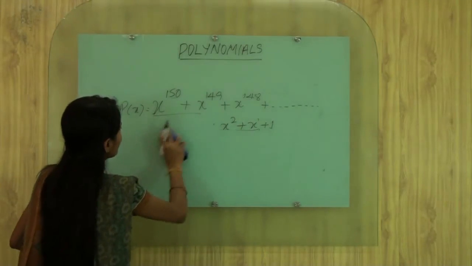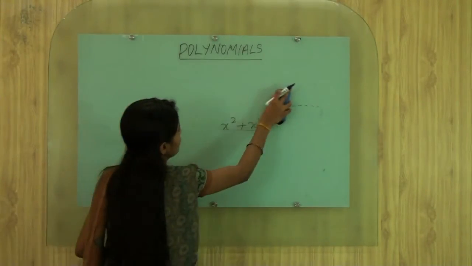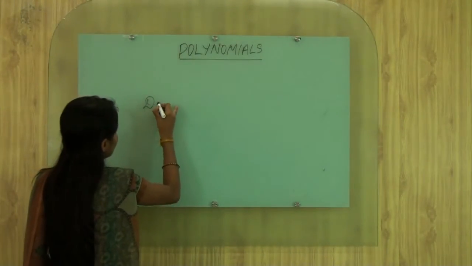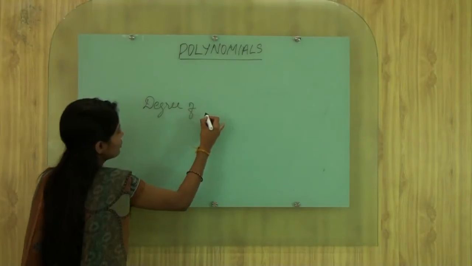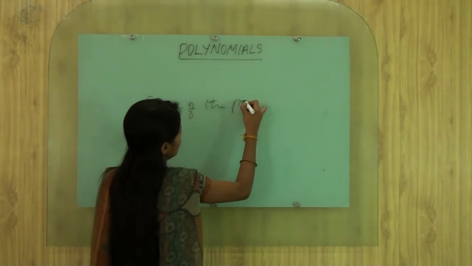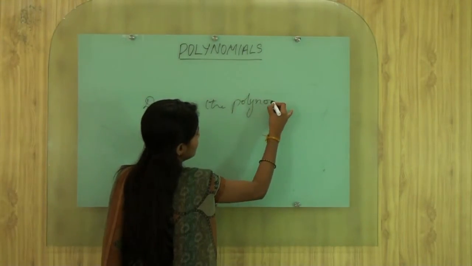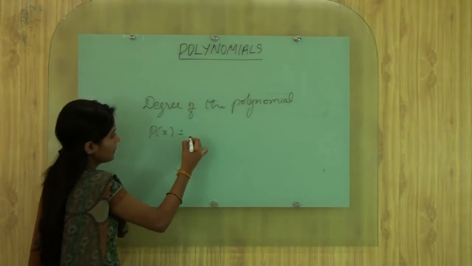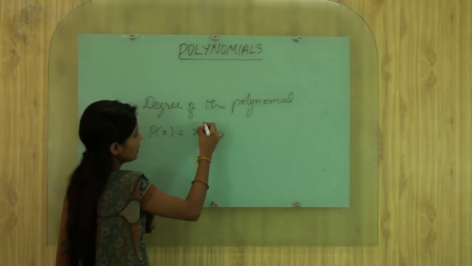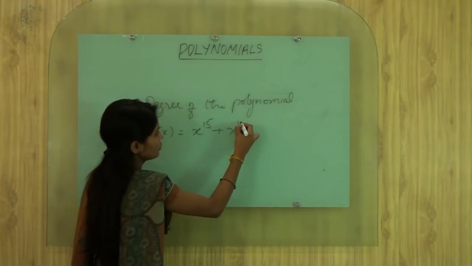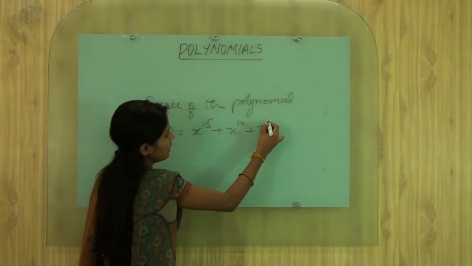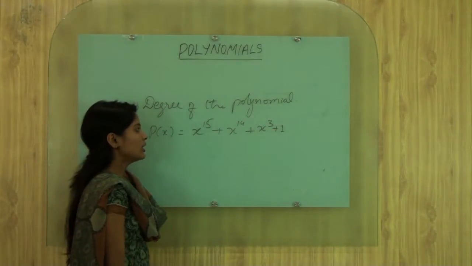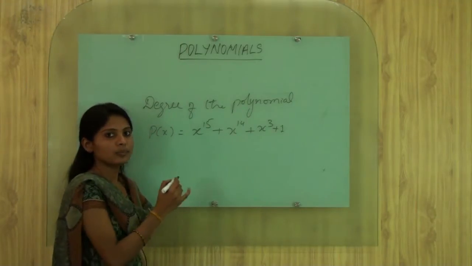Let's see what is the degree of a polynomial. Let's consider a polynomial x power 15 plus x power 14 plus x cube plus 1. This is a polynomial. What is the highest power of this polynomial?